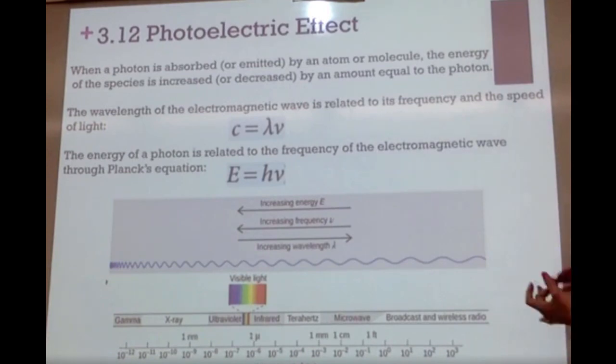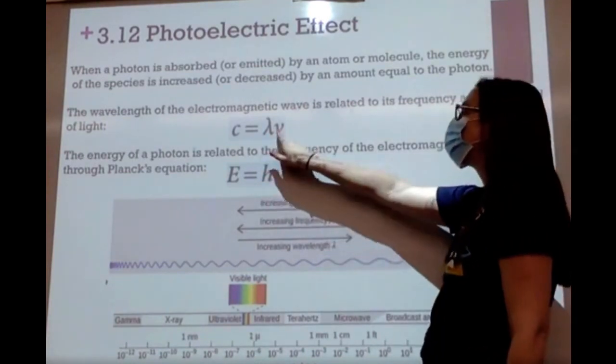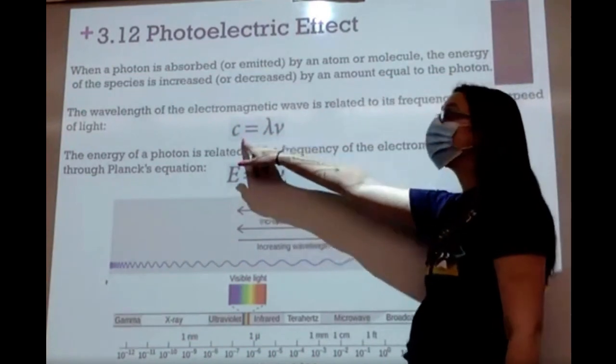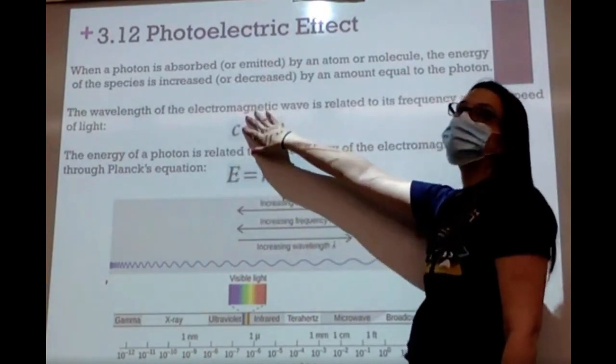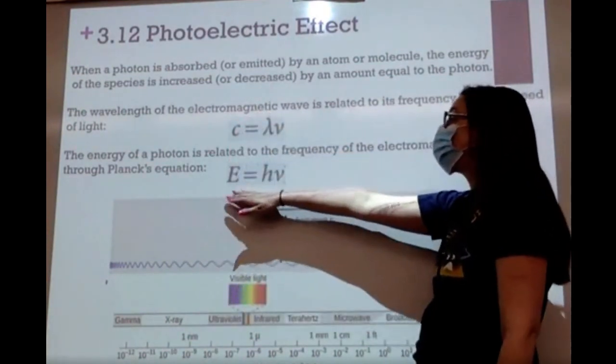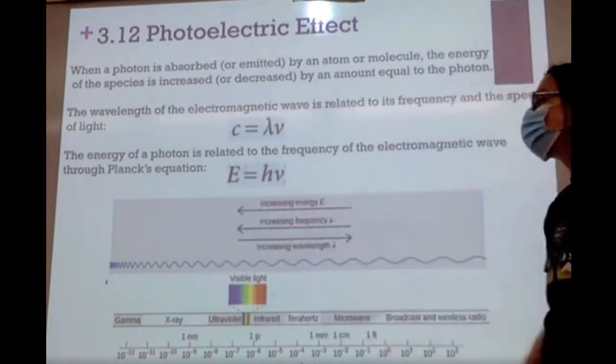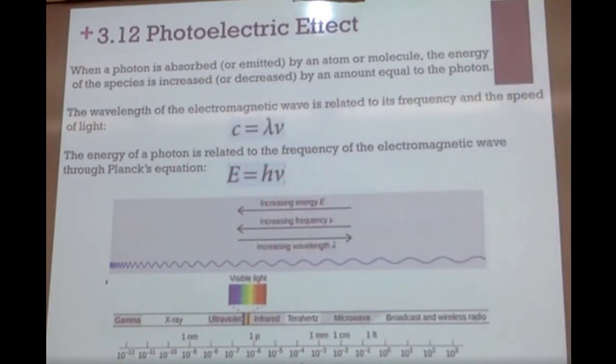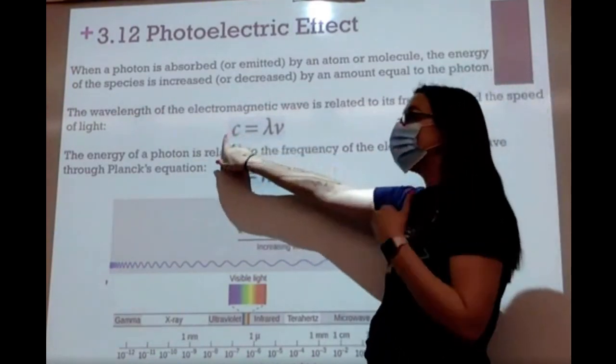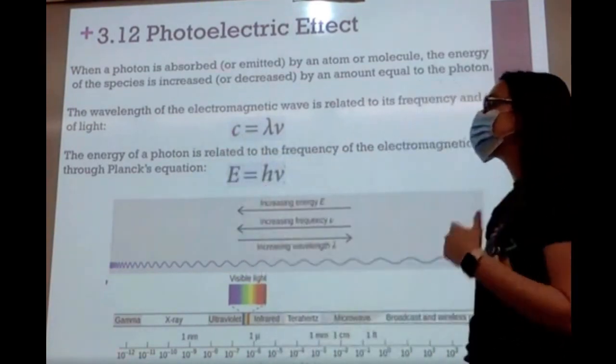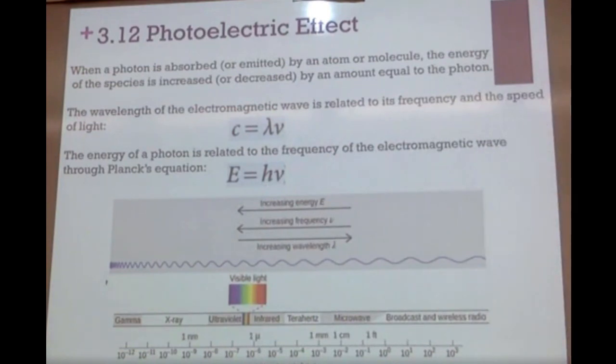We can calculate wavelength. We can calculate frequency using the speed of light. This is on the equation sheet. We can calculate energy or frequency using Planck's constant. C is the speed of light. That is on the equation sheet. H is Planck's constant. That is on the equation sheet.